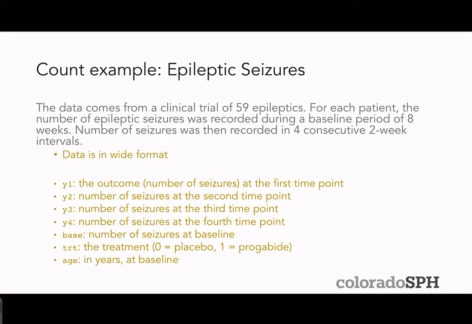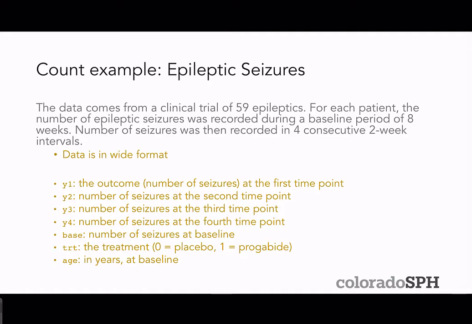So what about count data? I'm not going to walk through an example in as much detail, but I wanted to give a couple things you might need to do this analysis with count data. So consider an example for epileptic seizures. This data comes from a clinical trial of 59 epileptics, where seizures were recorded during a baseline period and then in 4 consecutive 2-week intervals as well.